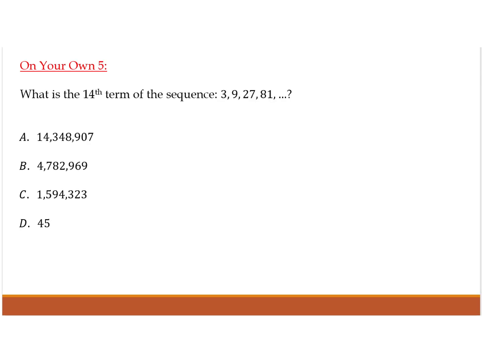Right, in this example, it asks for a specific term, an explicit term, the 14th term, so I know that my n has a value of 14. I know my first term, it is 3. I can find my common ratio, the second term divided by the first term, which gives me a value of 3. Because I'm looking for a specific term, I'm going to use the explicit formula.